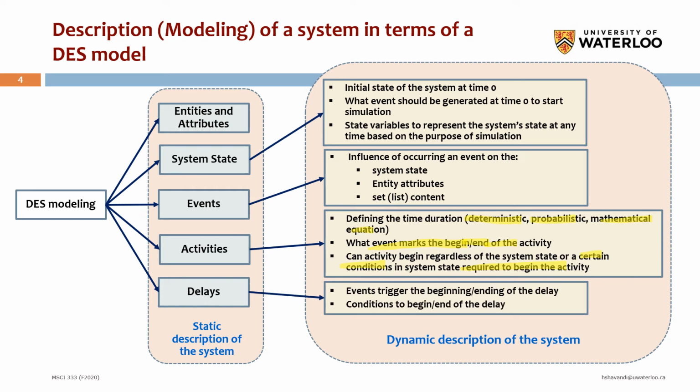And for delays, the events that trigger the beginning or ending of the delay should be defined here, and the conditions to begin or end the delay. By defining this dynamic behavior and also the static description, we are done with the formulation of the system in terms of discrete event simulation.